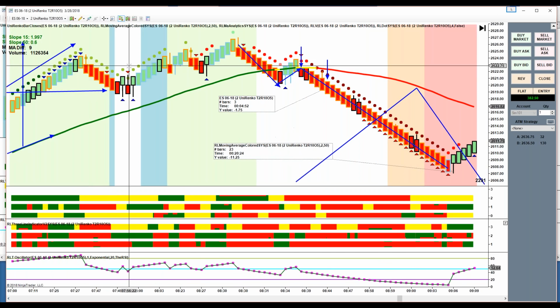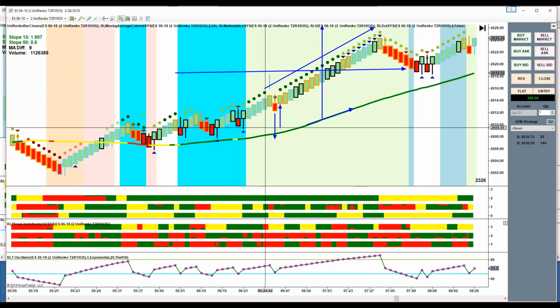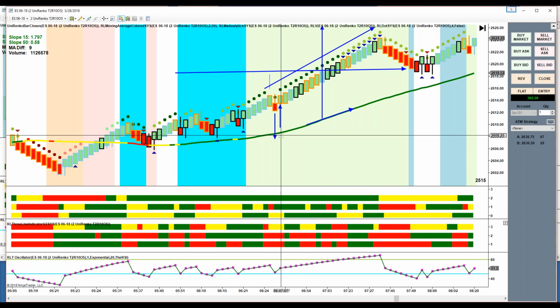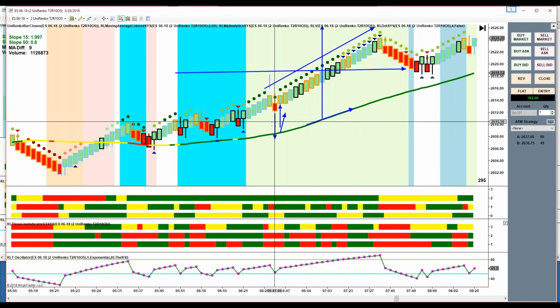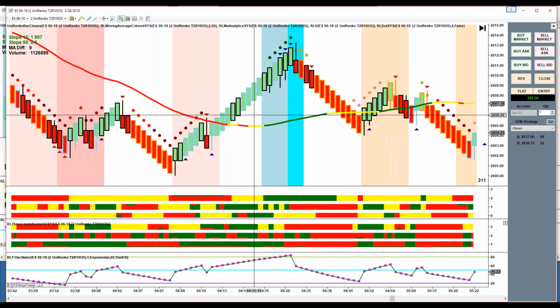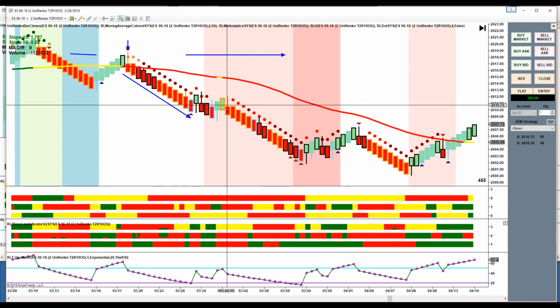So let's take a look at a really good continuation trade. It's right here. Let's ignore for a second the fact that the 3 line is telling you it's trading in the wrong direction, because we recalibrated. Let me show you one where it is. It's a lot easier. It's right here.